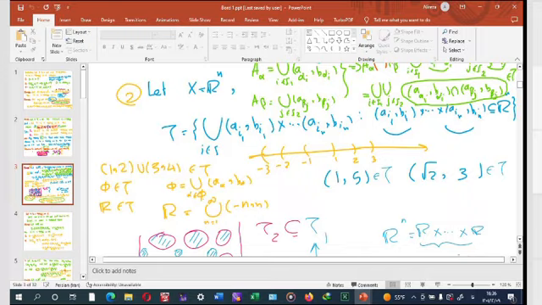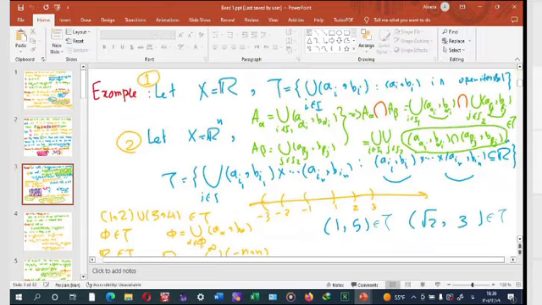The union of all of these intervals equals the whole of R. So R is a union of open intervals, so R must belong to this tau. Tau equals the set of all unions of open intervals.